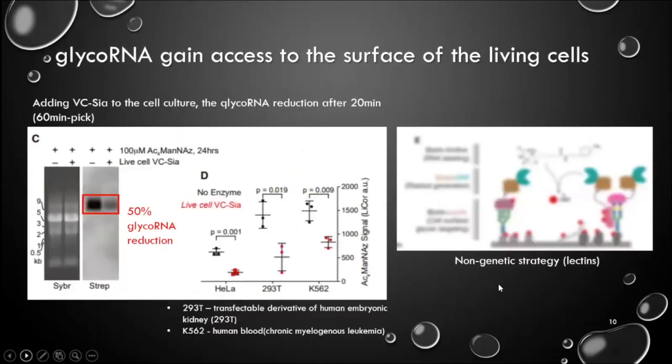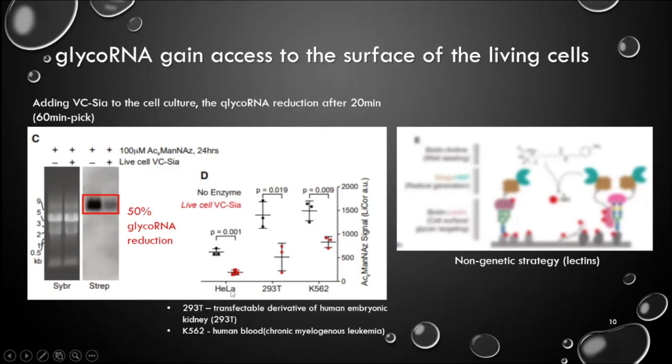To investigate this question further, they analyzed cell cultures with enzyme treatment. And they observed a glycoRNA reduction of over 50% of the signal after 20 minutes of enzyme treatment, suggesting that indeed half of the glycoRNAs are on the cellular surface.